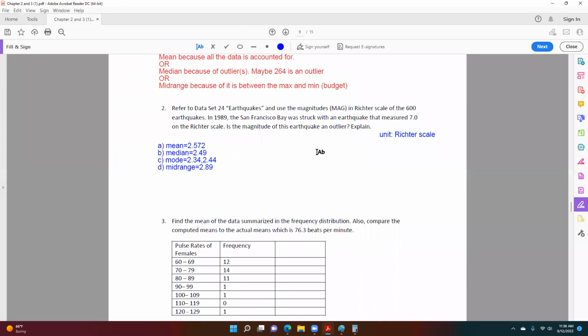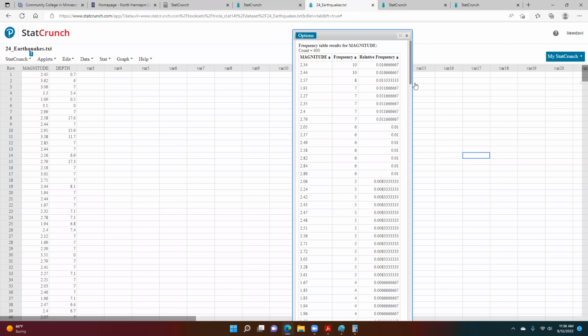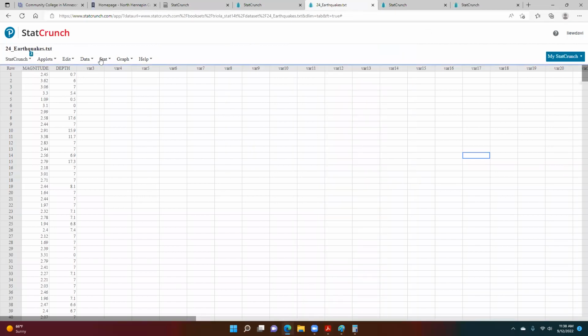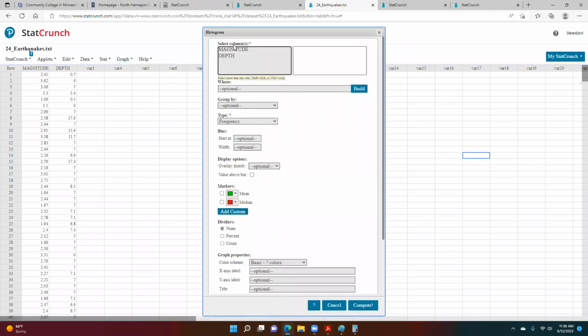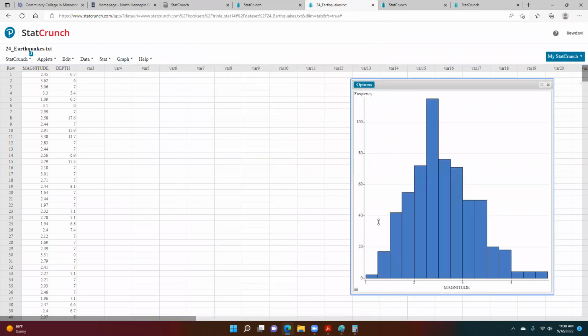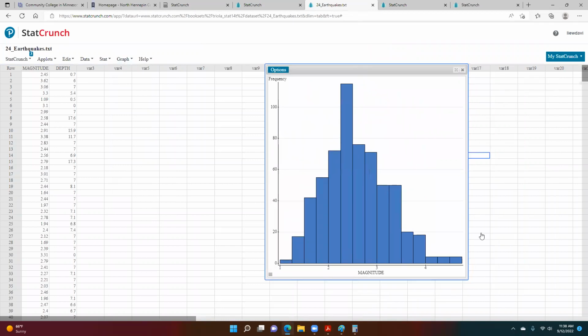And then the question is asking: we got an earthquake in San Francisco and it measured 7.0. Is this magnitude an outlier? As you know, the highest frequency, if you remember, or you can draw a histogram of the magnitude, is around 4.5 to 4.75.